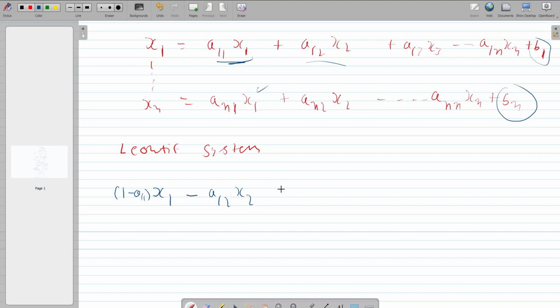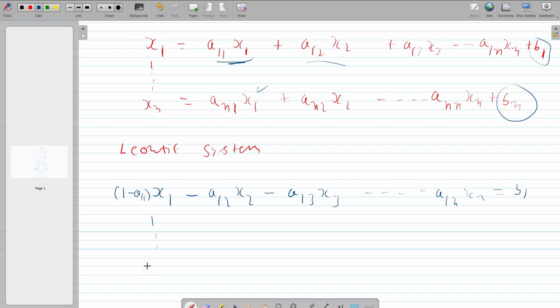Then minus A13 x3, and so on, minus A1n xn is equal to b1. Similarly, we will do it for all these.